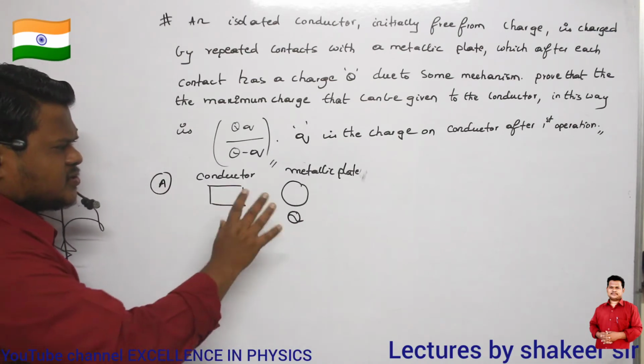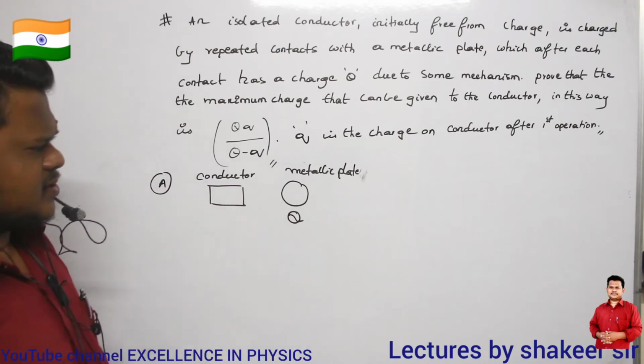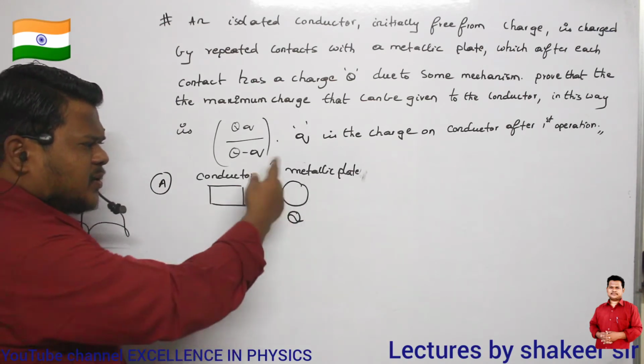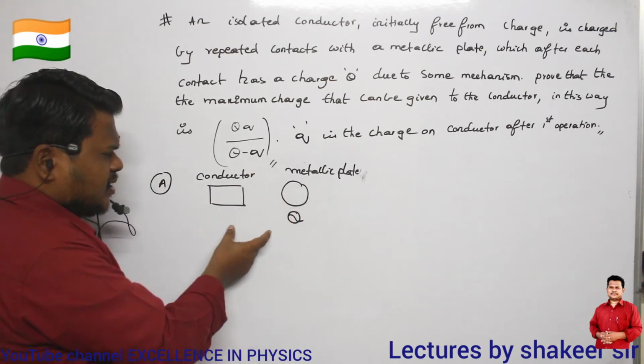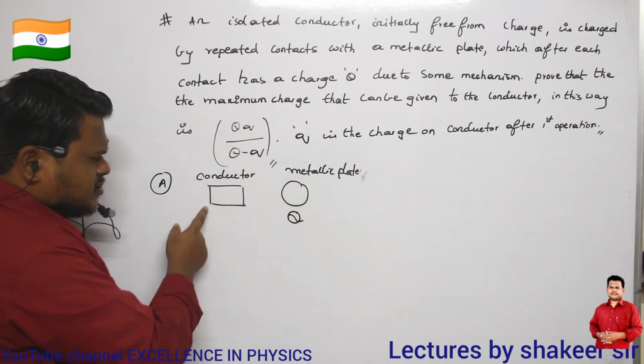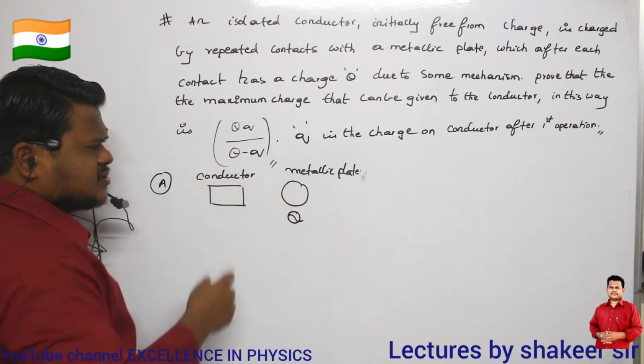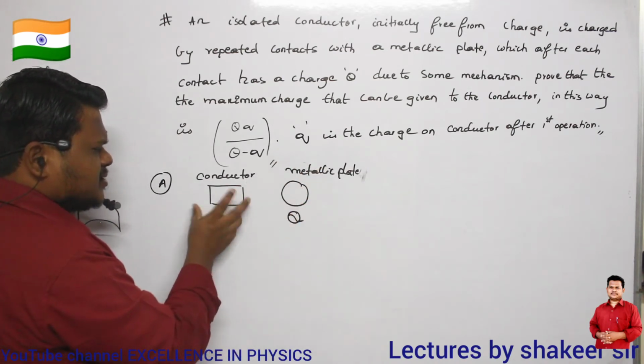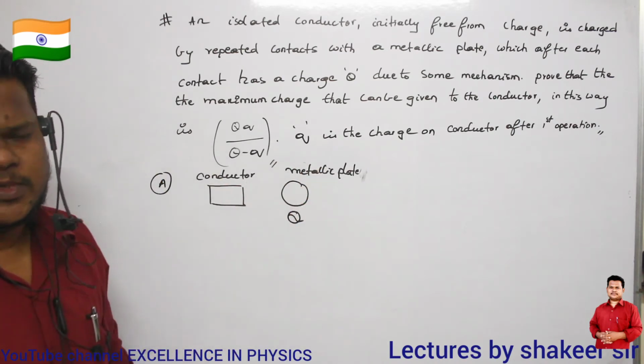Which body loses charge here? The metallic plate. This is having a charge of Q, and this is having zero charge. So this is at zero potential, but this is at a particular potential. So this metallic plate will lose some charge and this conductor will gain some charge.